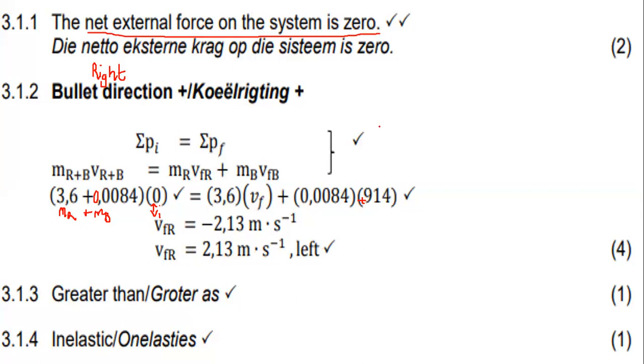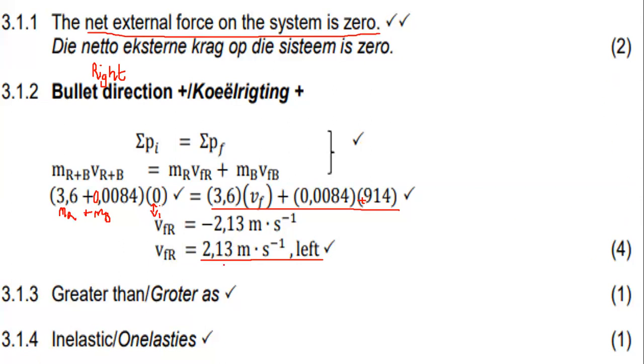So 1 mark was for the formula, 1 mark was for the substitution of the total momentum before the firing. The 1 mark was for everything being correct for the total momentum after the firing. And the final mark, can you see there, my dear learners, it was for both the magnitude as well as the direction. It means if any of those is incorrect, then you cannot get a mark.